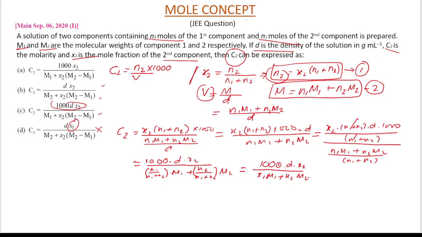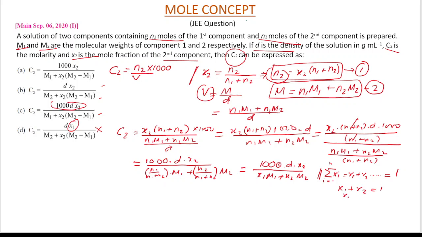Okay, so now the third formula will come. So total mole fraction equal to 1. So this is also a formula. So the formula says that the sum of xi from 1 to n, or we can write x1 plus x2 and so on, total mole fraction will be 1. So here x1 plus x2 equals 1.